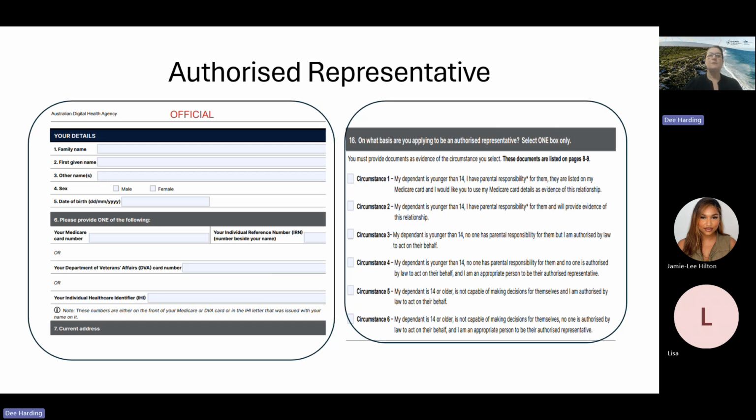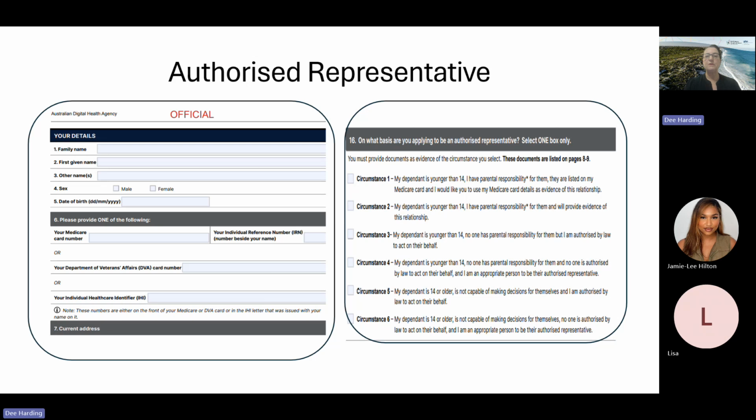Step one, fill out the form. It doesn't look too dissimilar to the one that I've got highlighted on the left here. Now the form is 12 pages long. I just want to reassure you before your mouth drops to the floor, only 3 pages are relevant for actually completing. The rest is just all the official bits and pieces that they need to have there. On page 6, you will find a question asking, on what basis are you applying to be an authorised representative?